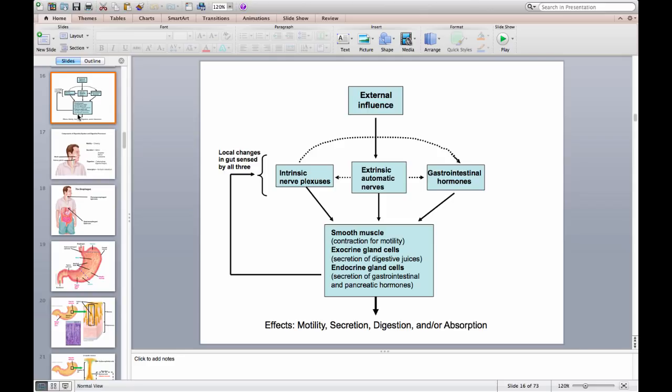So that's the brain's own personal arm into the GI tract. And there are sympathetic nerves as well. That's kind of the same thing. And then the brain also can influence the function of the enteric nervous system and those endocrine cells.